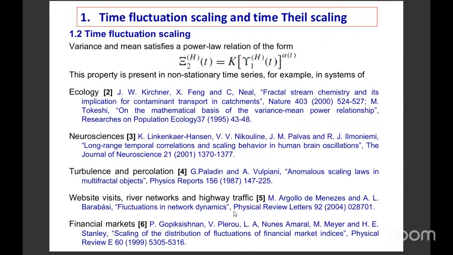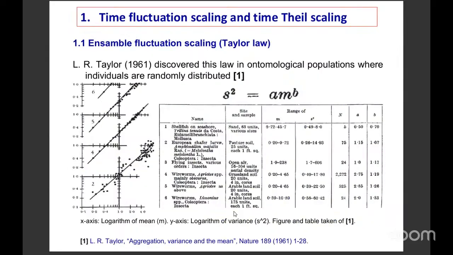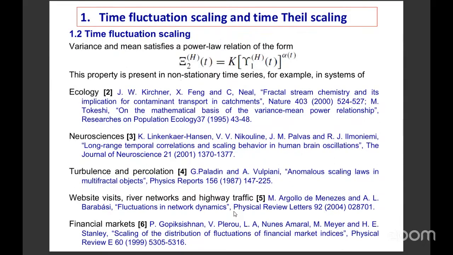But at that time, this was established in the context of the ensemble, the same systems at the same time. In the context of non-stationary time series, we have the same power-law relation, but the variance is a function of time, the mean is a function of time, and the exponent is a function of time.